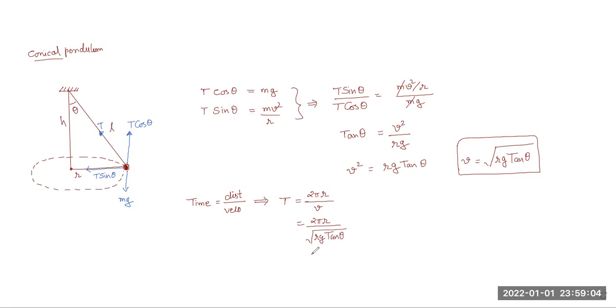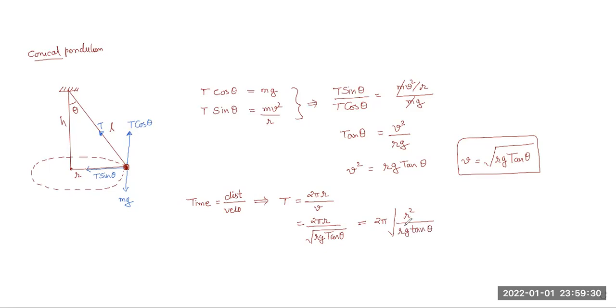We adjust the terms and write it as 2 pi taken common under root of r square, because I take this r inside the root, divided by rg tan theta.